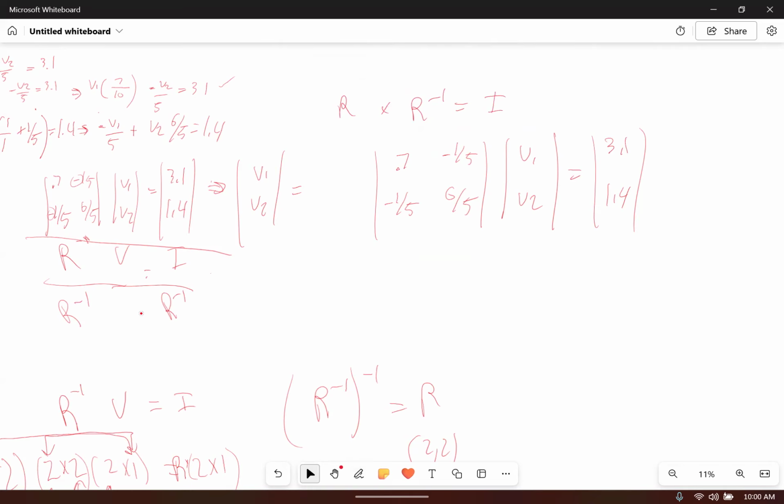So I pre-multiply both sides by R inverse, and I'm left with V1, V2, which is my identity matrix, and then R inverse times 3.1 and 1.4, where R inverse is R to the minus 1.